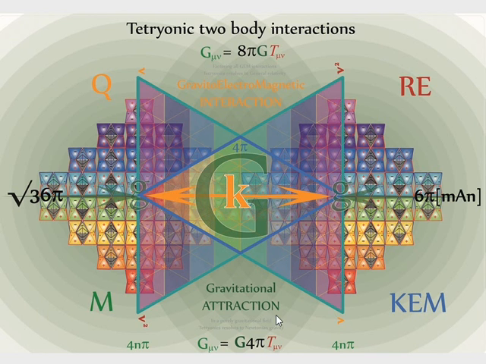So 4 pi Newtonian at a distance becomes 6 pi as you approach closer. Now that may be electric or magnetic. Obviously most times the electric is the first to be encountered as particles move together. So you would come in from, say, this direction, you would have a 6 pi gravitational constant.